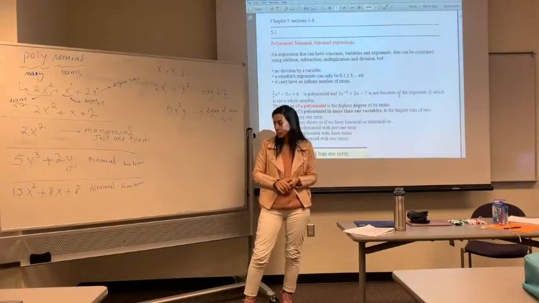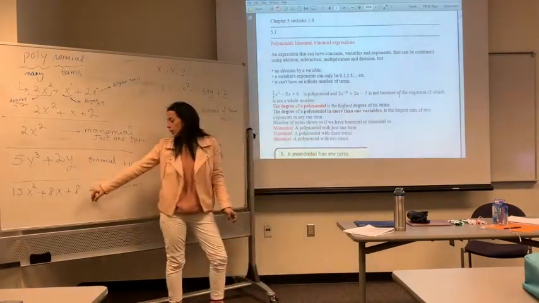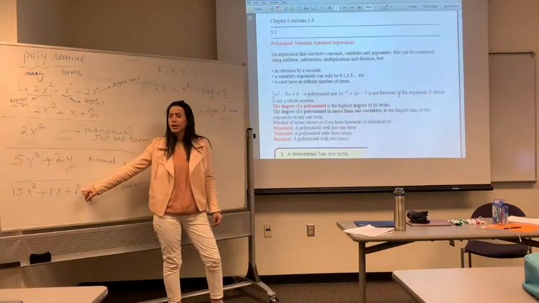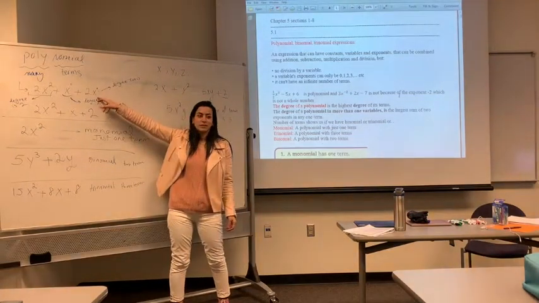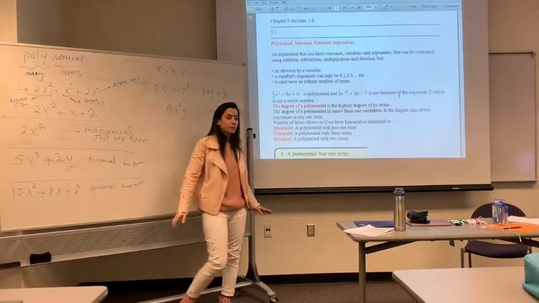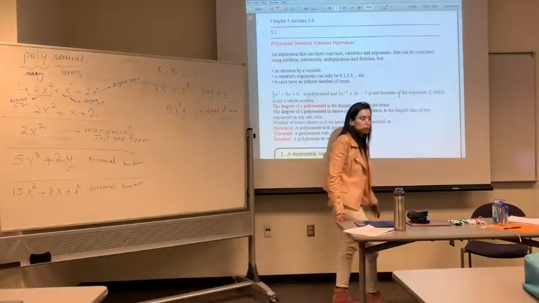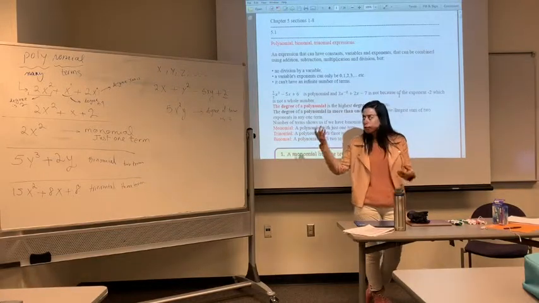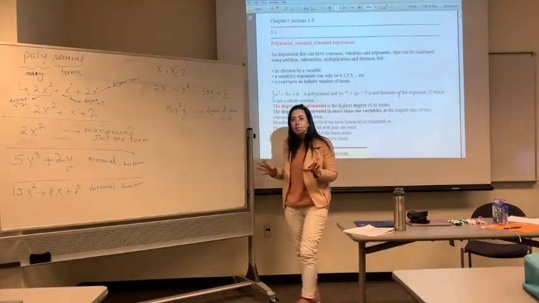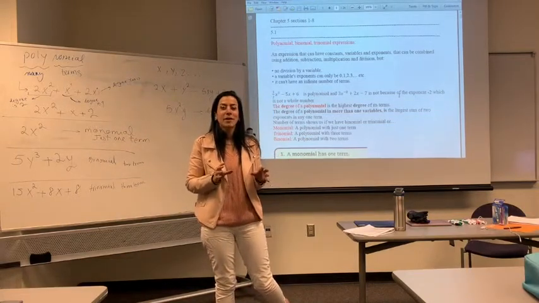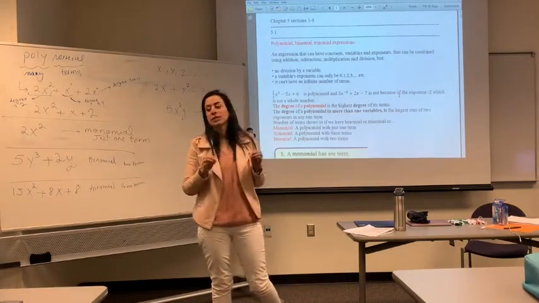We can imagine a variable with exponent 0, like here where I said the degree is 0. So a plain number just wouldn't have a degree.